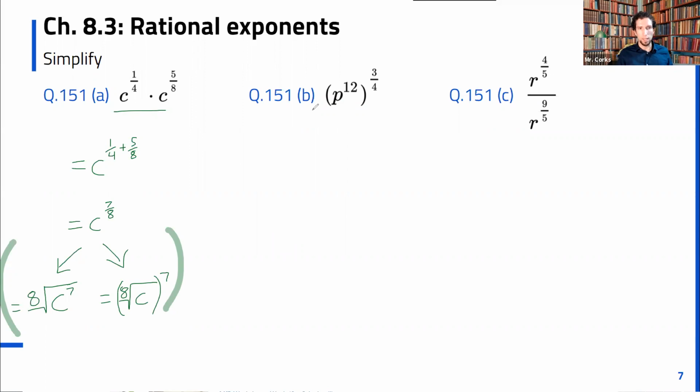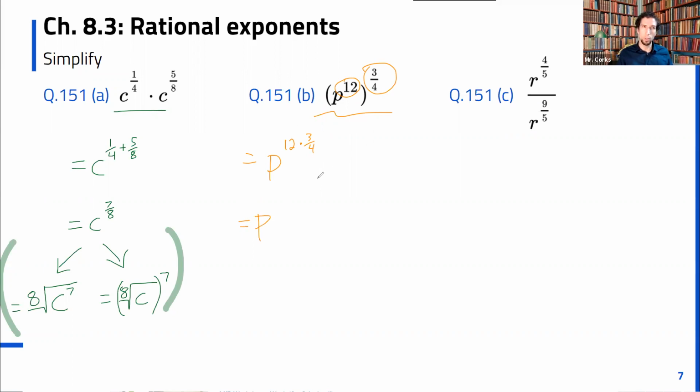Okay, let's try to solve these. So one in the middle here. We're taking an exponent to an exponent, so we take the exponent on the outside and multiply it by the exponent on the inside. So that's p to the exponent 12 times 3 over 4.